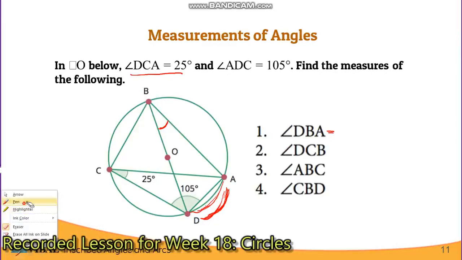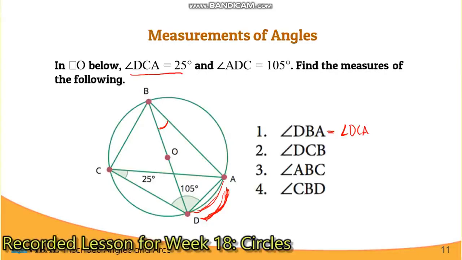Why? Because they fall on the same arc. Sabi natin kanina, if two inscribed angles fall on the same arc, they have the same measure. Therefore, if angle DCA is equivalent to 25 degrees, therefore, angle DBA is equal to 25 degrees also.